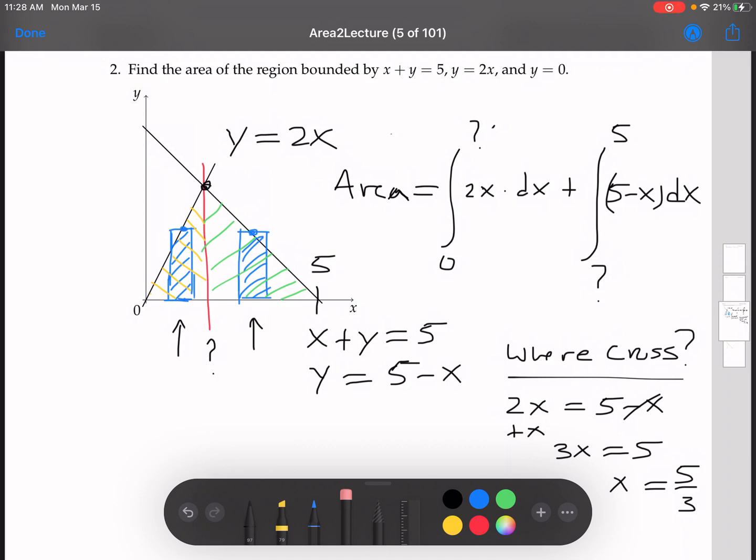So now we know that they cross at 5/3, and we're going to integrate from 0 to 5/3, and from 5/3 to 5. That will give us the area of that region.